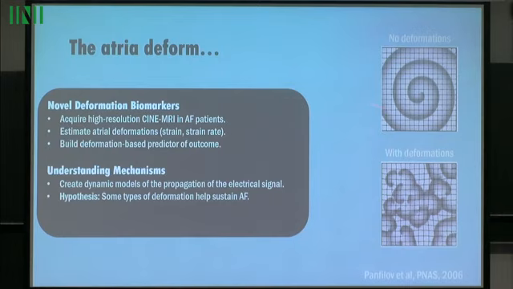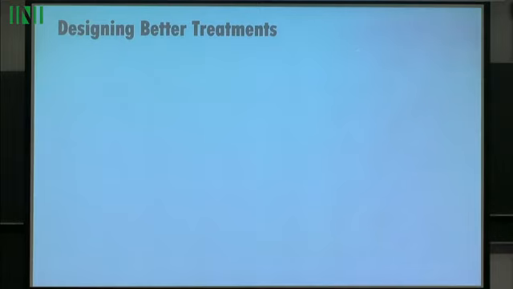This is a 2D version in a flat sheet to the atrium, and then one where the mesh is actually deforming. And we hypothesize that the deformations in the mesh will change the behavior of the electrical propagation and will give us clues as to why these shape metrics affect the outcome of the patients.